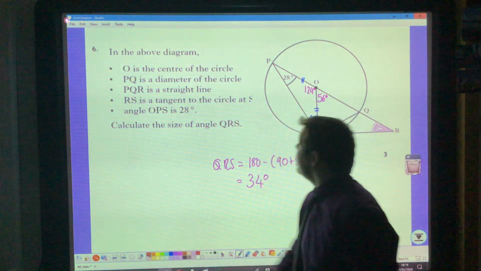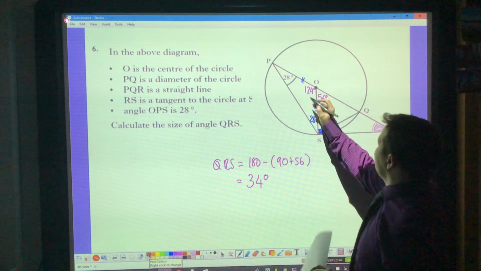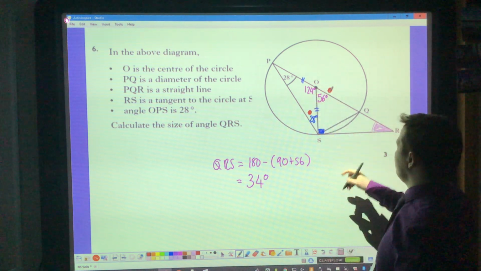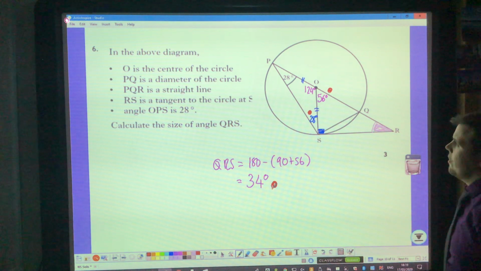Sorry about the mix up. Marks for this one, I'm going to give you 1 mark for identifying that being 28, 1 mark for the 56 or the 124, 1 mark for your final answer. Again, there are different methods about this one.